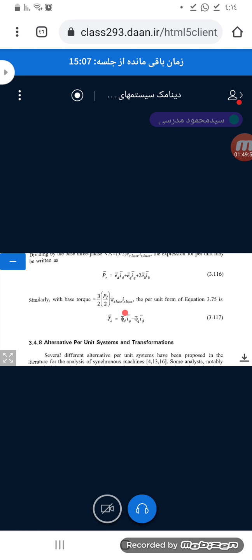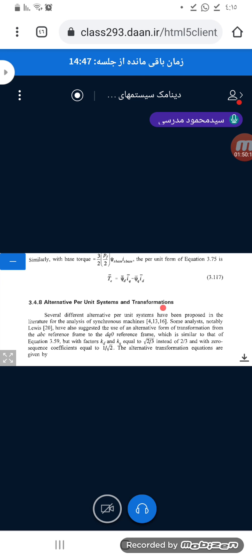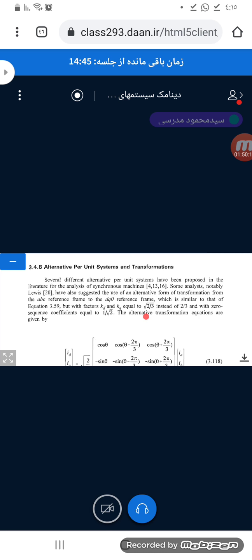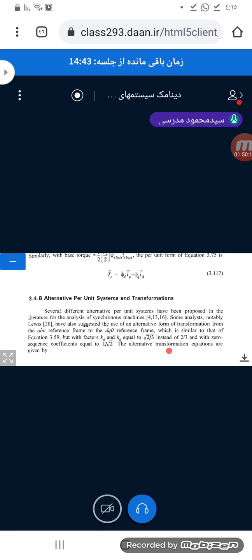And similarly, for base torque, we have equation 3.170. Alternative per unit system and transformation.